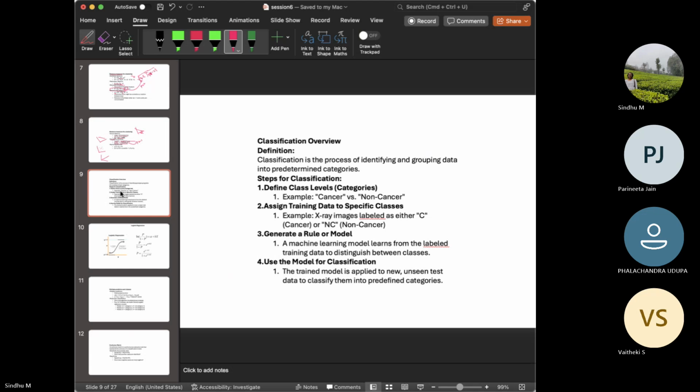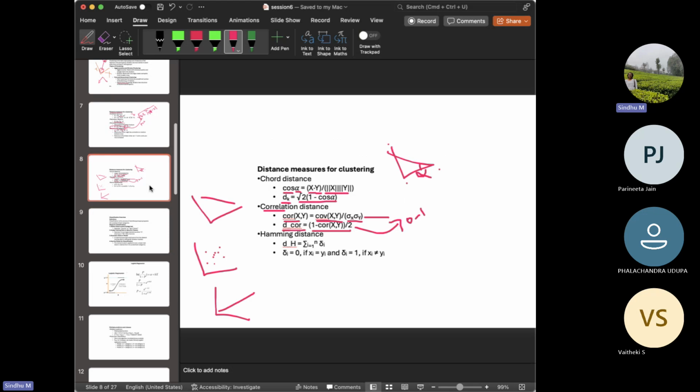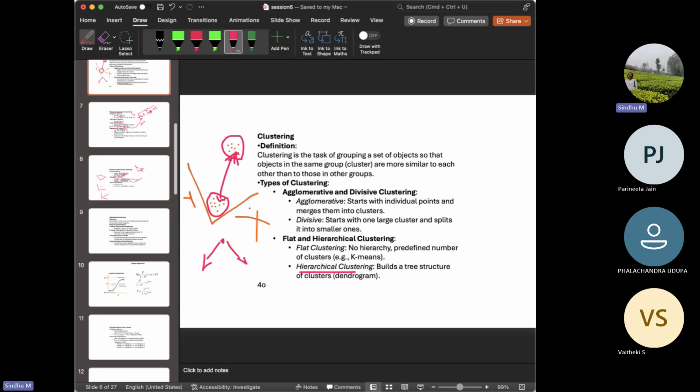So these are the different types of clustering to group the data into these two groups. Once we have made these different clusters, based on this, we can start to classify them.